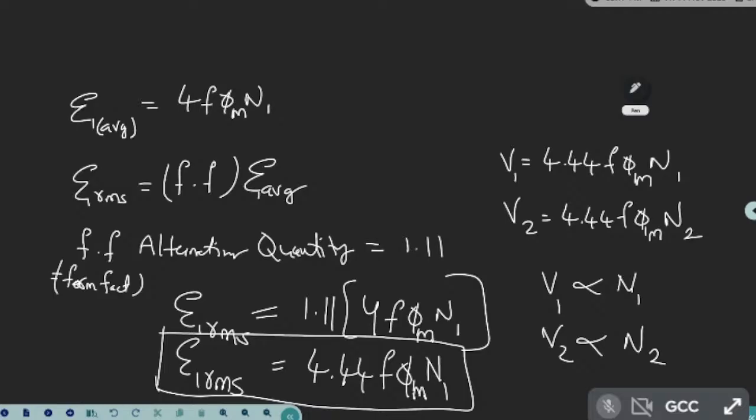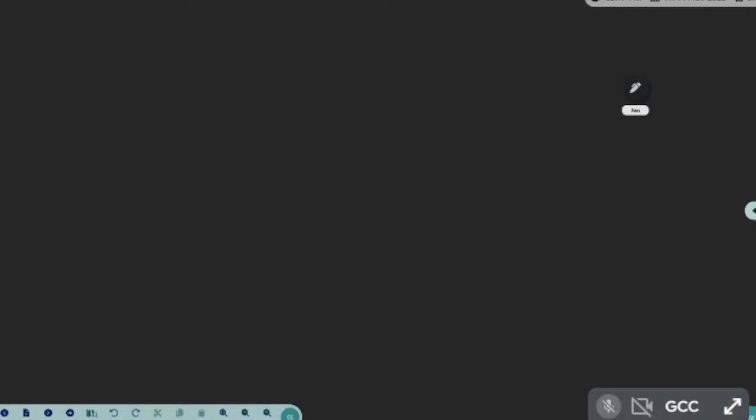After this, we can call it one transformation ratio. One term is called transformation ratio. What do you mean by transformation ratio? It is denoted as K. You can write any number of statements.